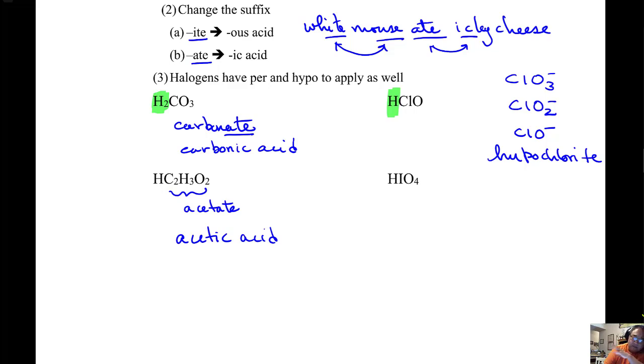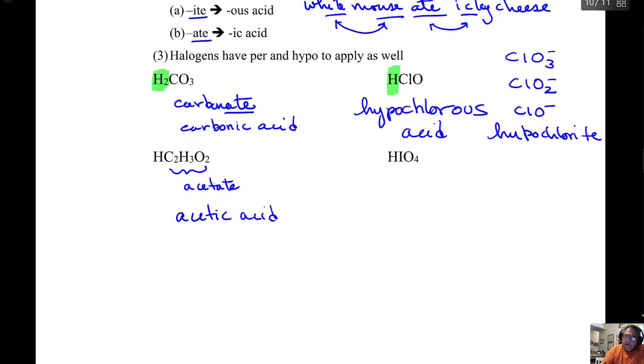But as an acid, which is normally what we're doing, because it ends in ite, we're going to use ous as the suffix. And so it becomes hypo, we don't lose that part, not hydro, but hypo, chlor, and then the ous ending, hypochlorous acid.